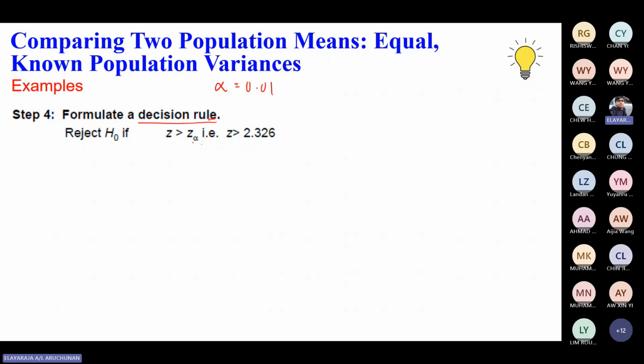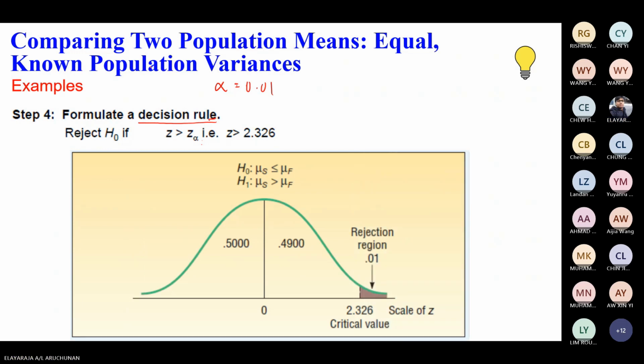Now, as we know that alpha is 0.01, you can check the table. When we look at the z distribution table, we can obtain the rejection region of 0.01, which means this region is 1%. At the critical region 0.01, the z value is 2.326.